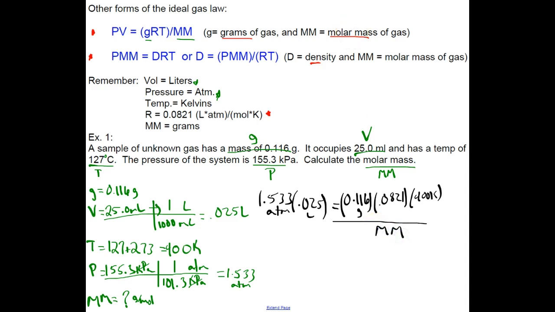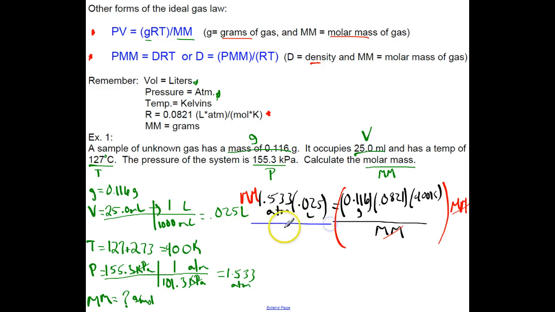So now I need to solve my problem. I need to get the molar mass on top, so I'm going to multiply each side by the molar mass. So that gets rid of it here, and it gets my molar mass up on top over here. And now I can simply divide by the 0.533 and the 0.025.